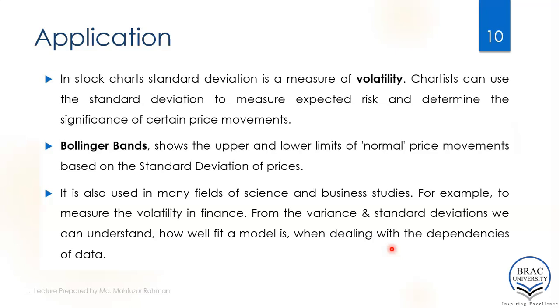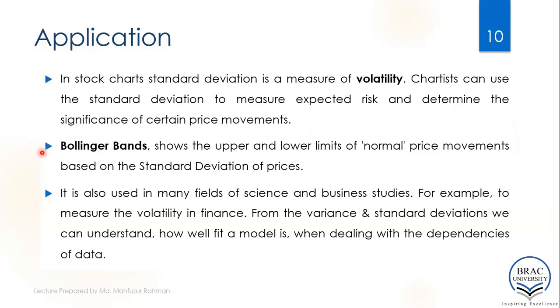To know more about volatility, you can see the supplementary part. In stocks, chartists can use the standard deviation to measure expected risk and determine the significance of certain price movement. Is it going down? Is it going up? There's uncertain variation. Everything can be expressed in terms of standard deviation.